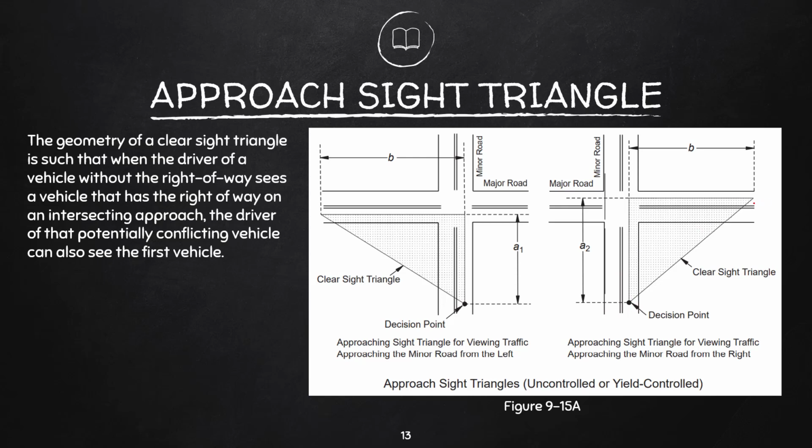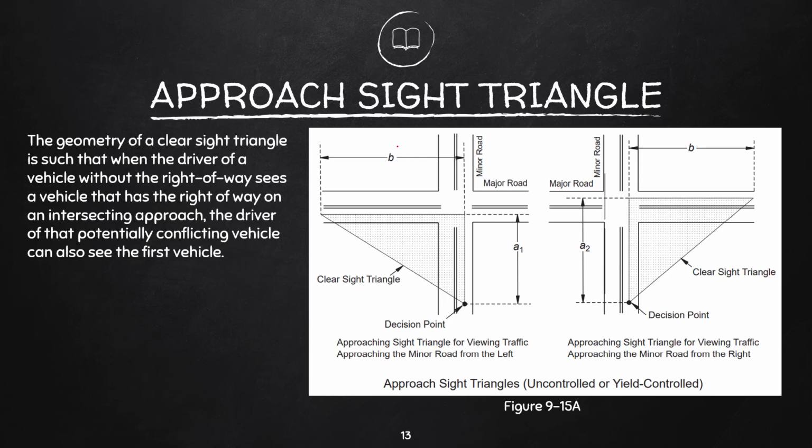If you are going to consider the driver that will be coming from this portion and he will be moving to this portion of the minor road, then you will need to provide another approach triangle. And of course, this distance will now be equal to a sub 1. And this distance will now be equal to b.